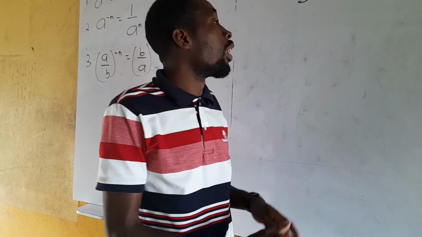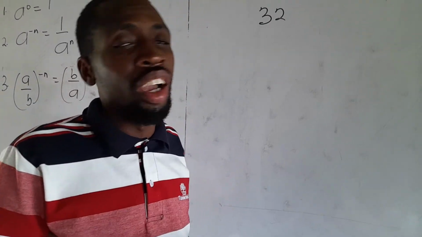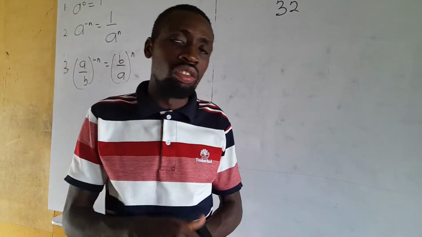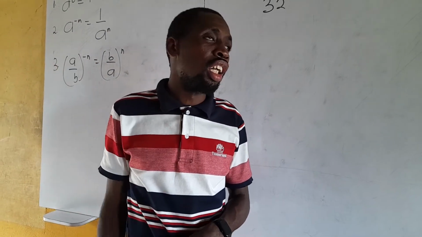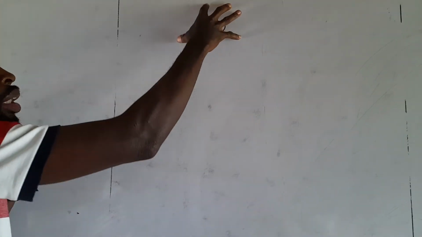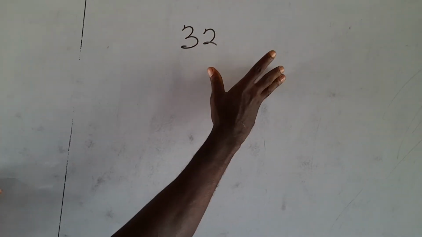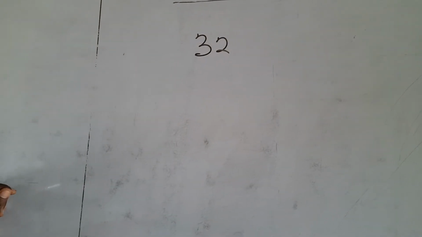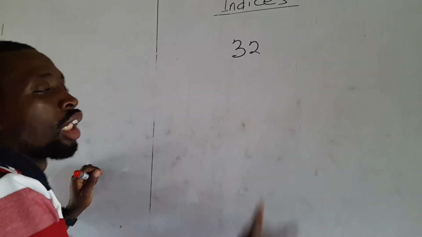So prime numbers include 2, 3, 5, 7, 9 is not a prime number, 11, then in that order. Now, to write numbers as a prime factorization, you find out which prime number can divide this 32 without any remainder. So 2. 2 divides 32 without any remainder.